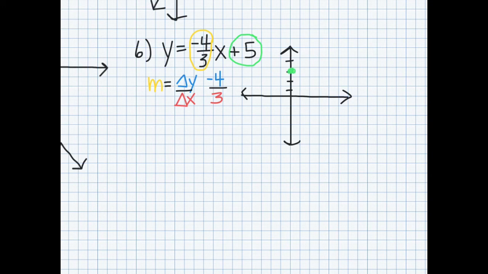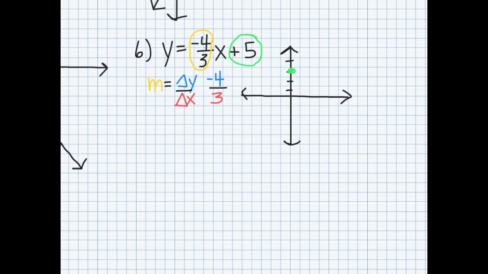And then from there, I'm going to go down 4 and over 3. So from here, I'll go down 1, 2, 3, 4, and over 1, 2, 3.